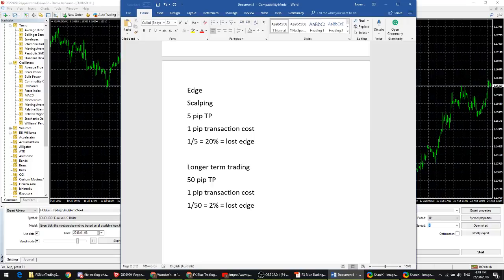With scalping, you're going to have to be a lot better to stay in front of the market when you consider that you're going to lose 20% of your edge to transaction cost off the bat before you even start. With a 50 pip take profit, you're going to lose 2%. So a very small amount of the edge is going to be lost to transaction costs.